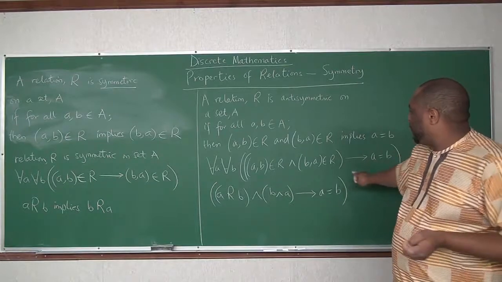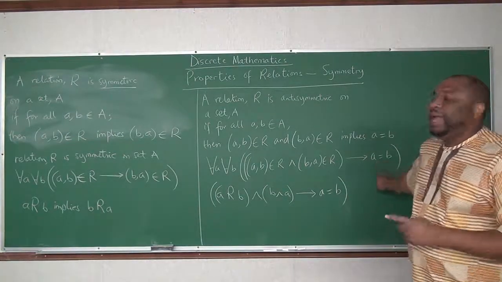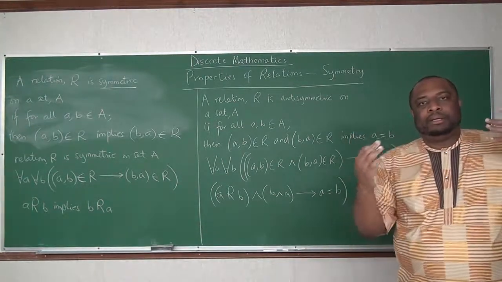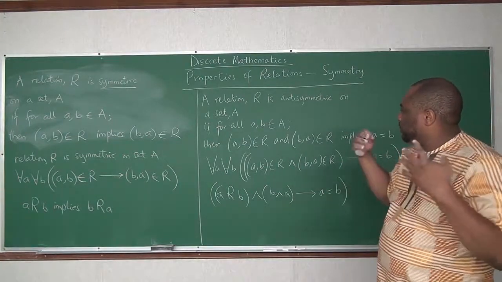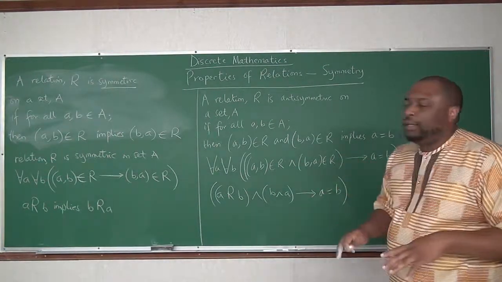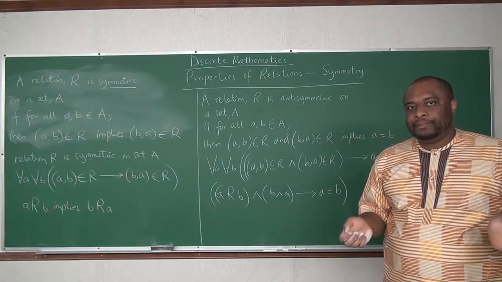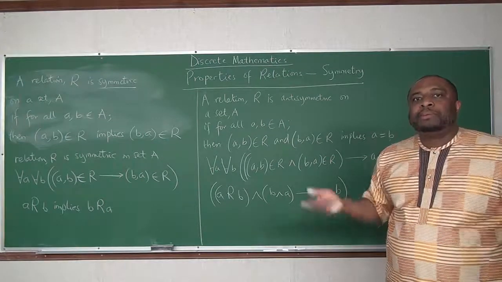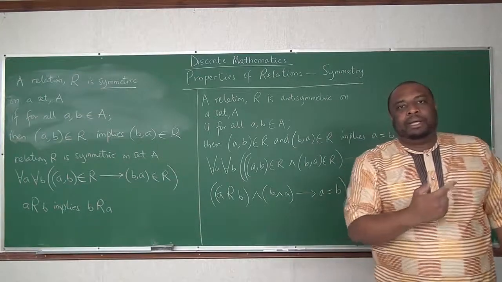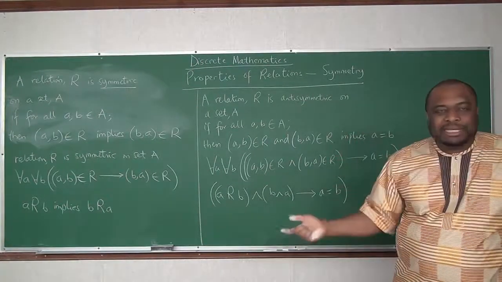The contrapositive statement would be: if A is not equal to B, then AB is not an element of the relation, or BA is not an element of the relation.